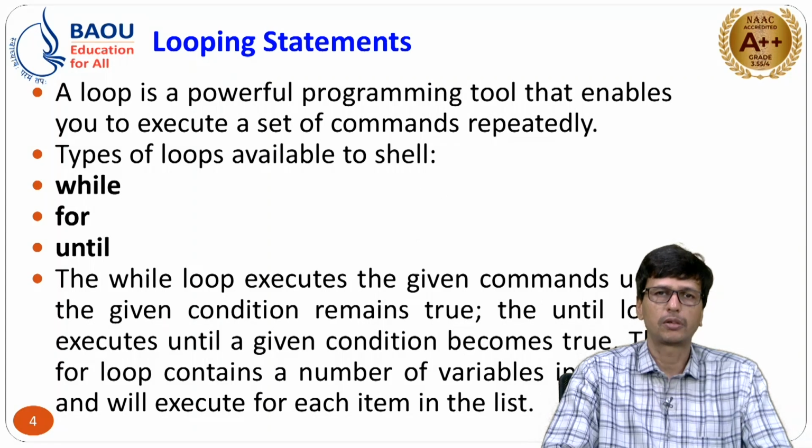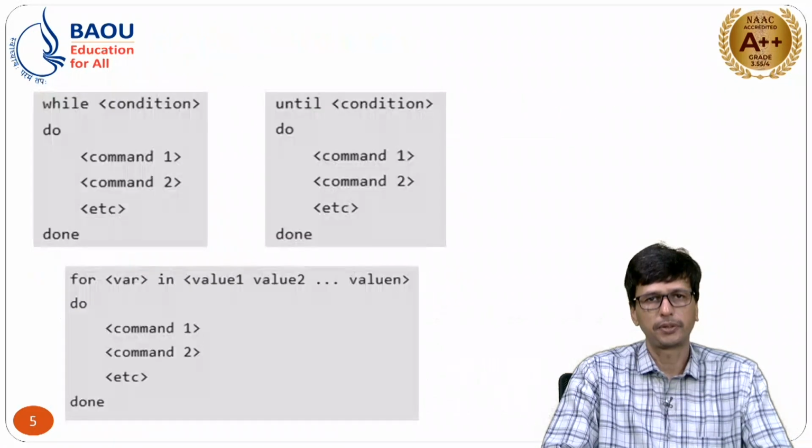The Linux or Unix operating system basically supports three types of loop: while loop, for loop and until loop. According to different kinds of shell, the syntax may differ. We are considering the bash shell, so you can see the syntax. If you are using while, then after it the condition may appear in square brackets. Then the loop starts with do, then multiple statements that you want to execute if the condition is satisfied, and in that case it ends with done.